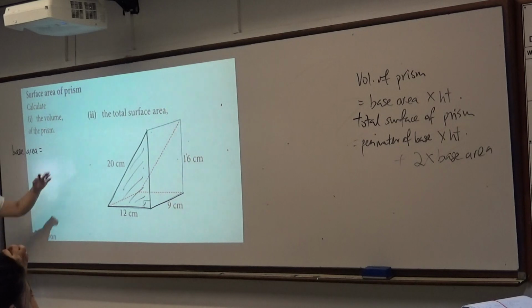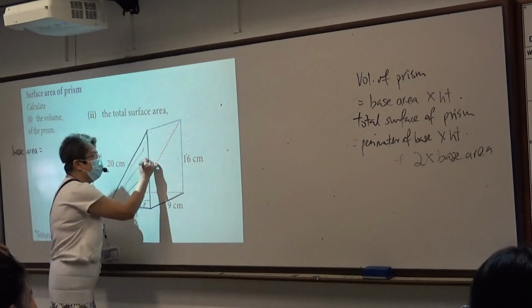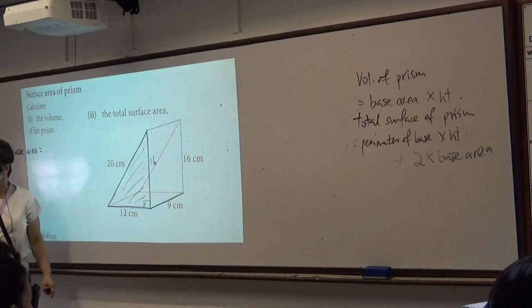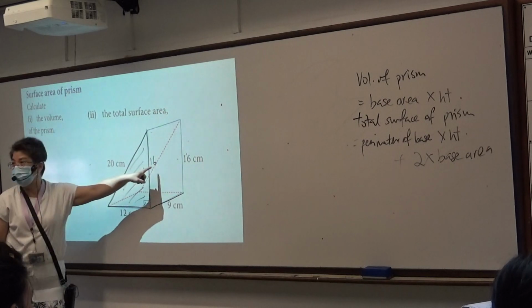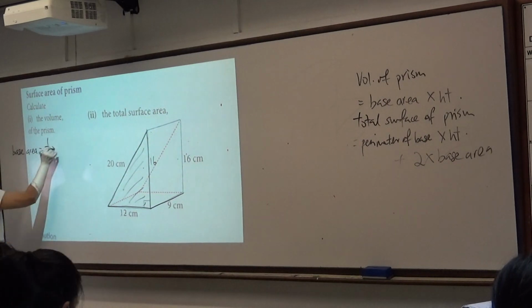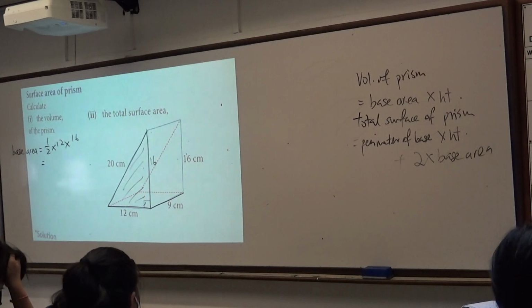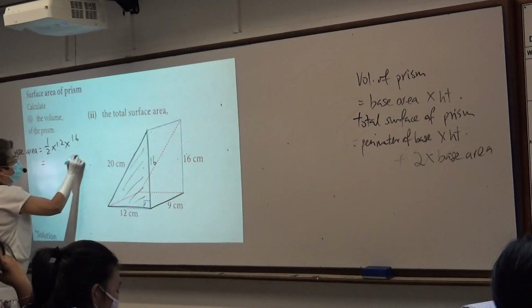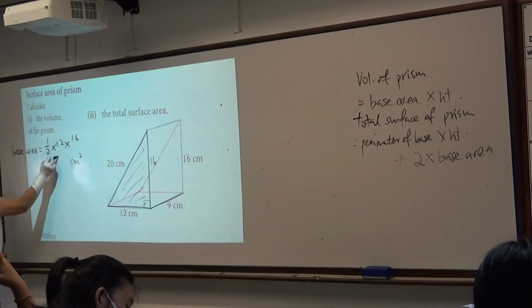First, the base area is a triangle. If this is 16, this will be 16, right? So half times what? 12 times 16. In the calculator, how much is this? 96.